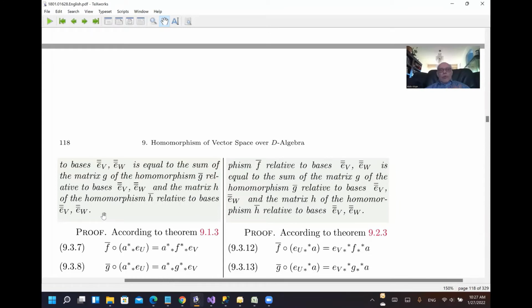I won't stop on the proof of this theorem because the proof is very simple.